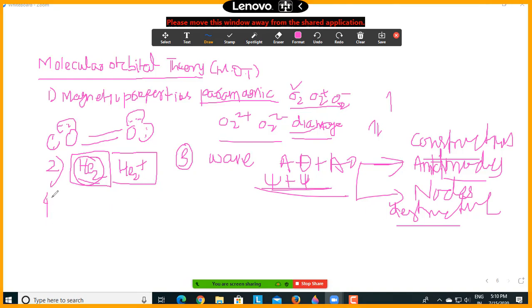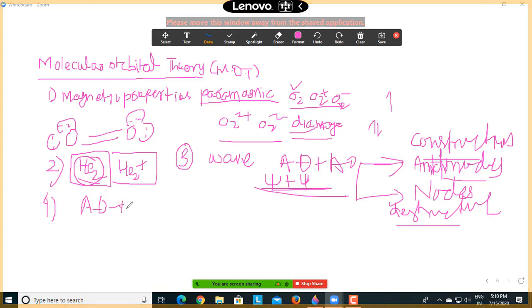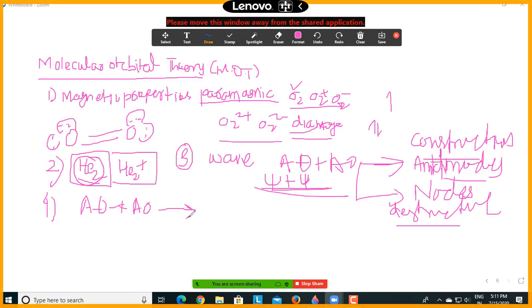Fourth major drawback: if atomic orbitals combine. See, a chemical bond is a chemical change. It is not a physical change. When a chemical change occurs, new substances are formed and the properties of the old substance are lost, as you have been studying from your childhood. So when a chemical bond is formed, definitely two atomic orbitals combine and they should give a molecular orbital.